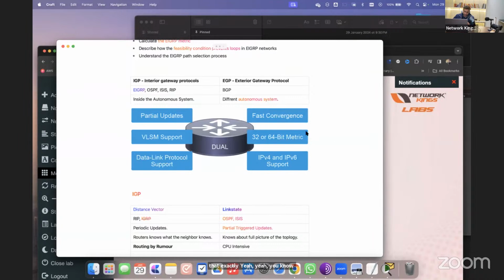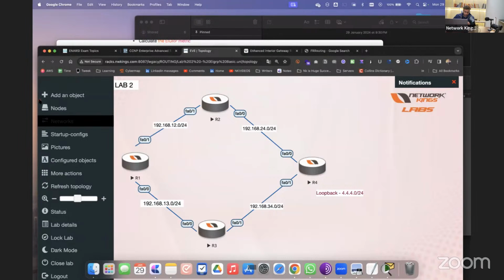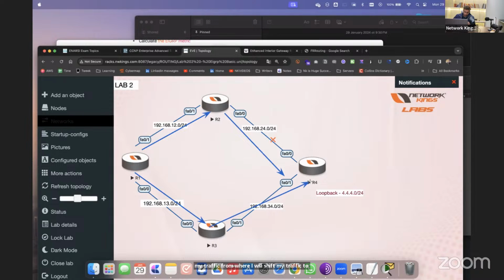Faster convergence. What is faster convergence? If I'm going from this side and the link breaks, say the link between router 1 and router 3 fails, automatically I will shift my traffic to router 3, router 4.